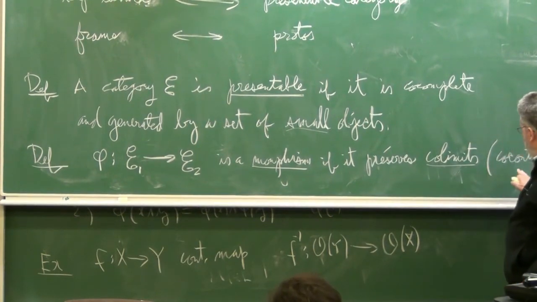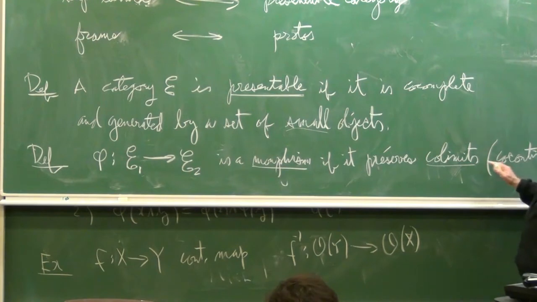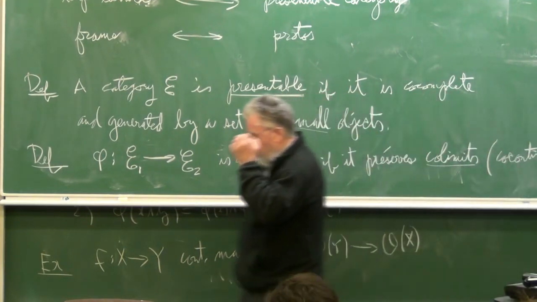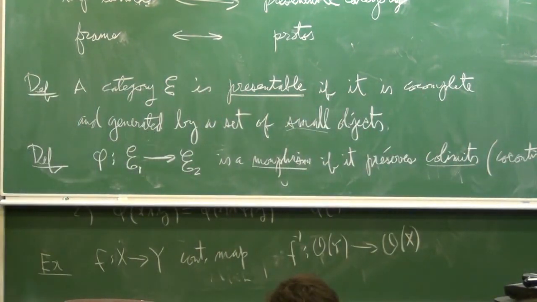I hope you are familiar with the notions of colimits and limits and things of this sort. I know very good mathematicians who understand category theory, but they can never figure out which one is which between limits and colimits. It's kind of amazing.